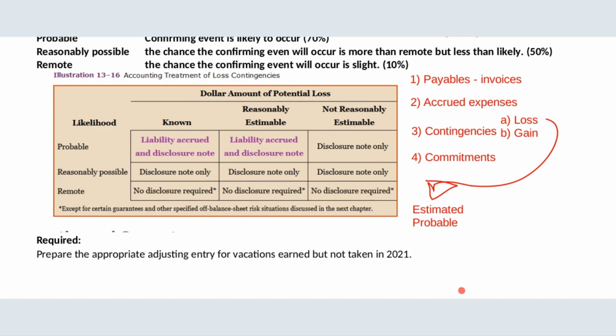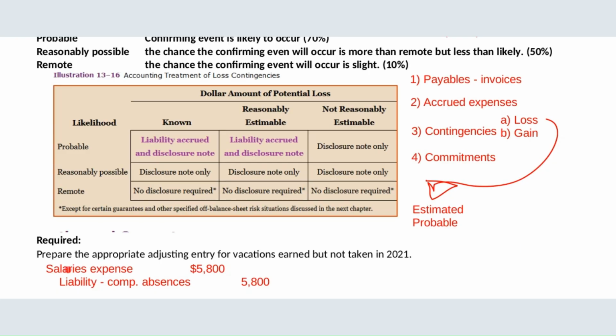So we debit salaries expense 5,800, and we credit a liability, which we're going to call compensated absences, of 5,800.